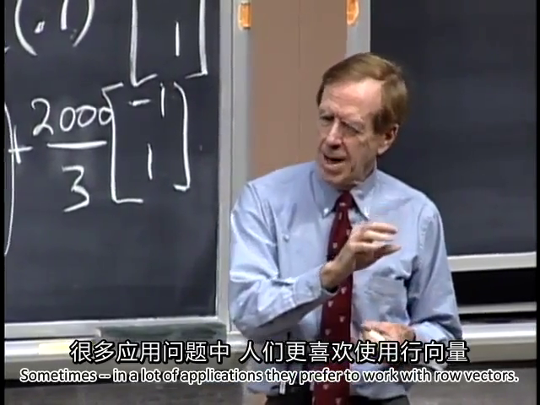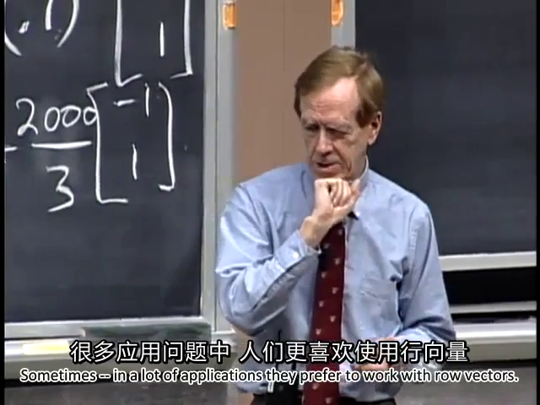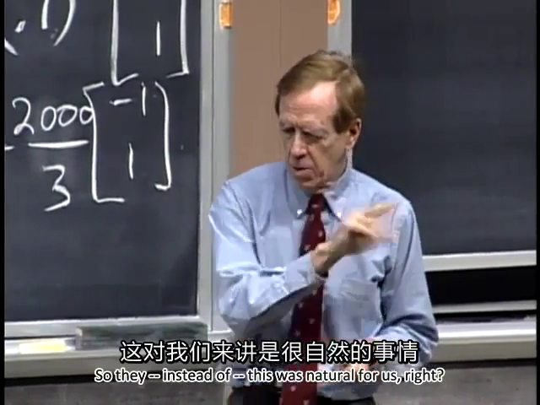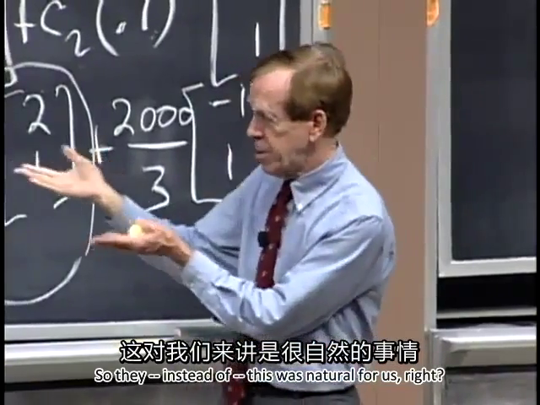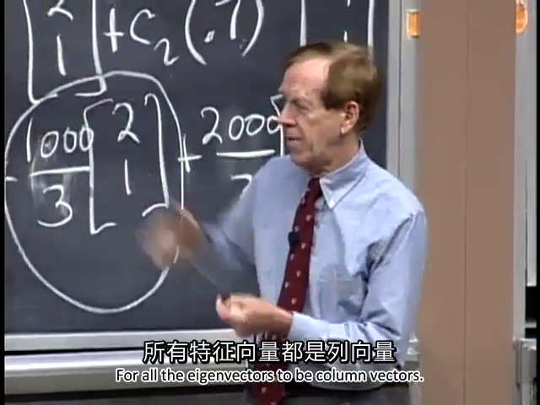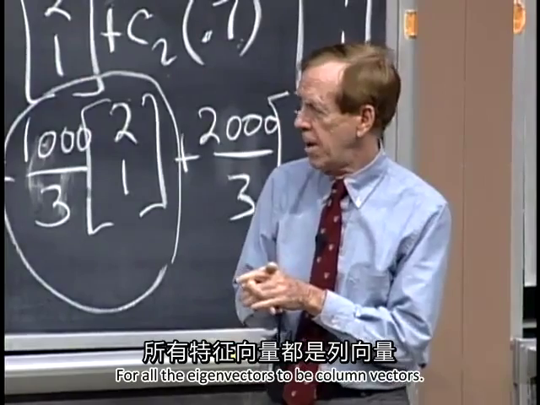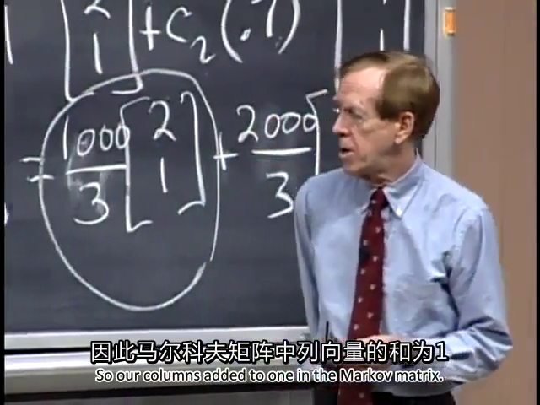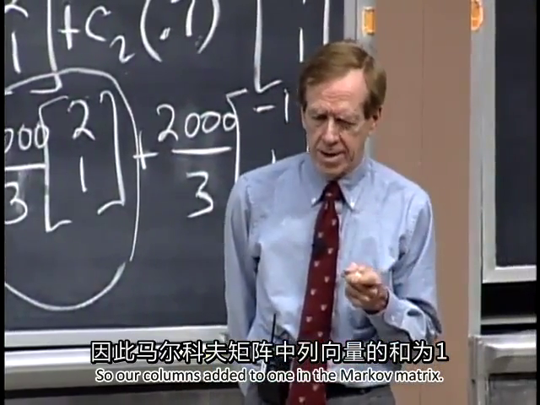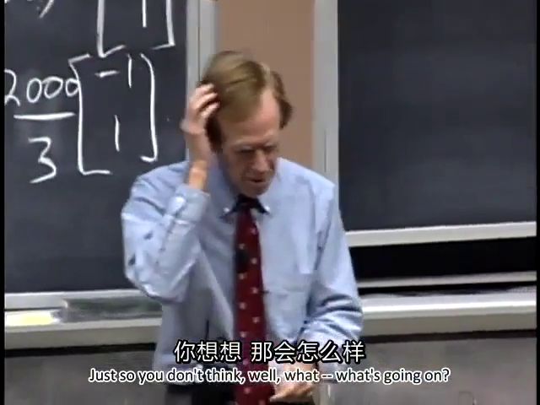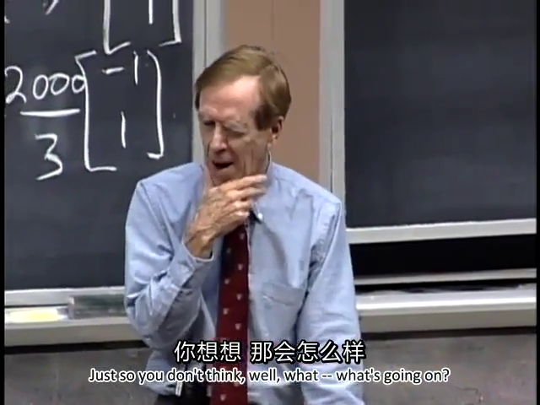Sometimes in a lot of applications they prefer to work with row vectors. This was natural for us, for all the eigenvectors to be column vectors. So our columns added to 1 in the Markov matrix. Just so you don't think, well, what's going on?